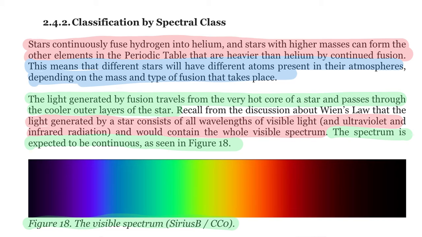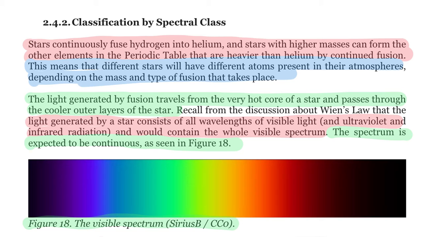So we've learned about the P&P cycle, which takes place in most stars, and then the CNO cycle, which takes place in heavier stars. So when light is generated by fusion in the core, whether it's by a P&P or by the CNO cycle, these photons of light and electromagnetic radiation leave the very hot core in the center, and then they pass through the star to the cooler outer portions of the star.